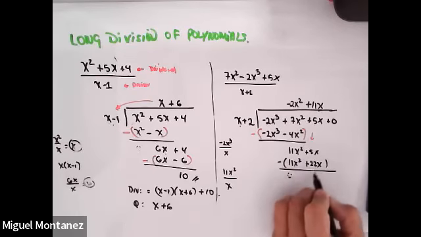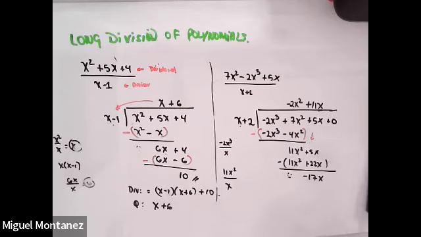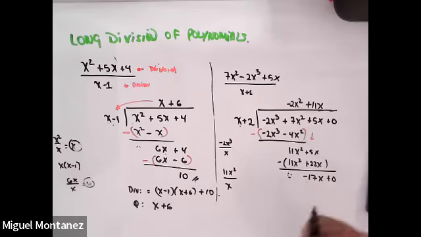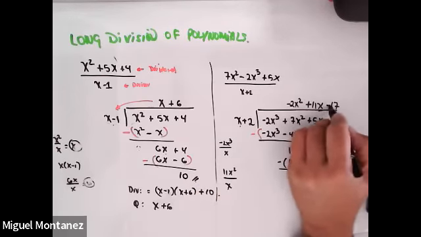5 minus 22 is negative 17x. If you want, you can drop the 0. That doesn't do much, but you have to keep going. Negative 17x divided by x will be, of course, minus 17.